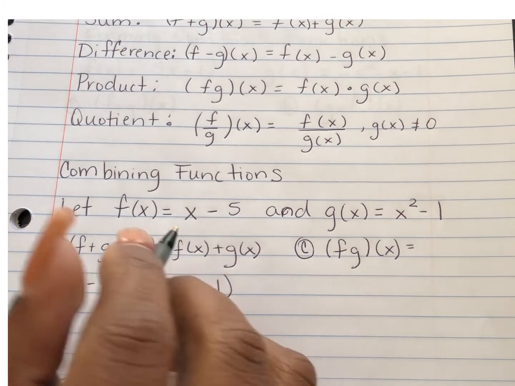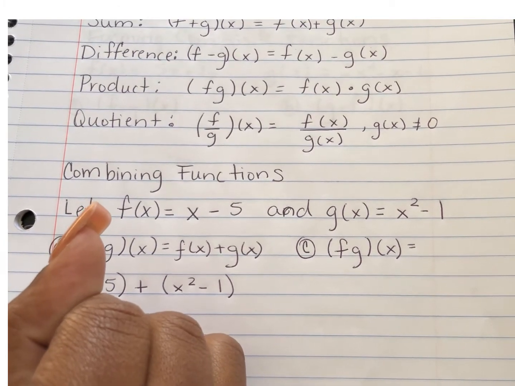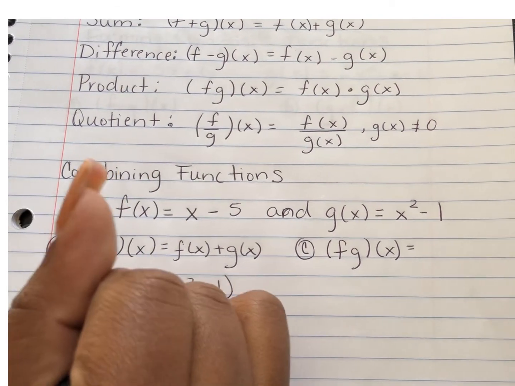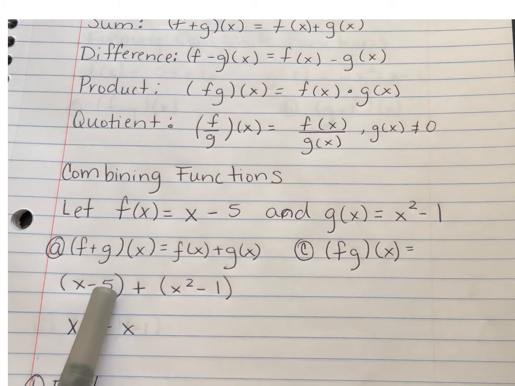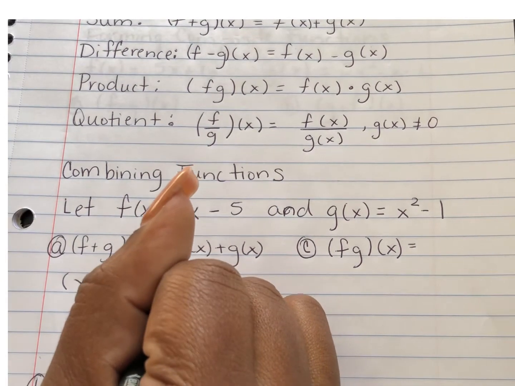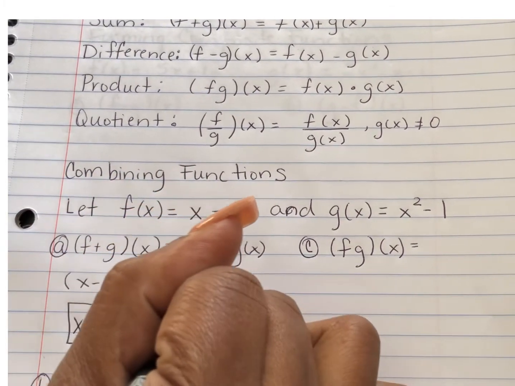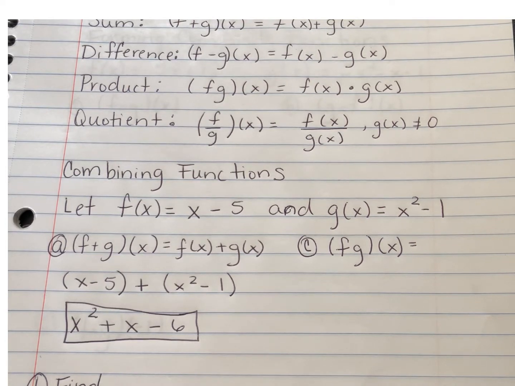So we have x squared, so let's bring that down because we always want to start with the leading highest exponent. Then we could bring down our plus x and combine like terms. Minus 5 plus minus 1 is minus 6. So when we add these two functions together, we get x squared plus x minus 6.